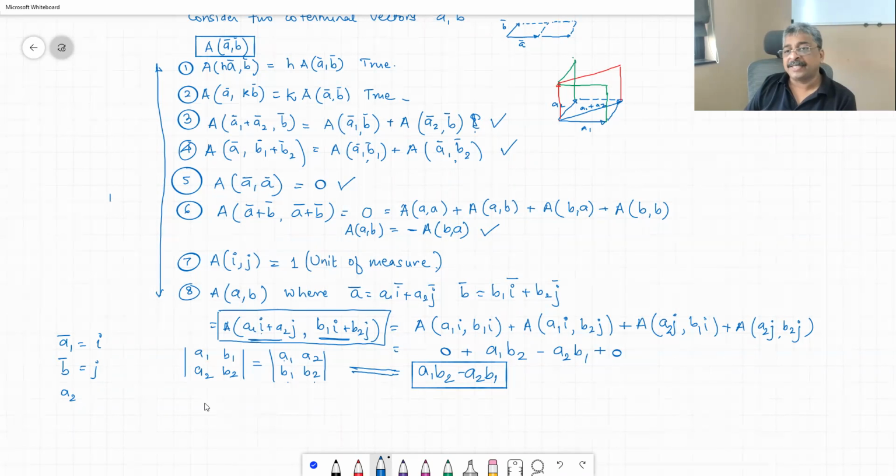So matrices are not the same if you change column to row and row to column, but determinants are the same. So that is the first property of determinant. Determinant of A and determinant of A transpose is the same. Maybe we can write it as first property. Determinant of A is exactly equal to determinant of A transpose. Correct.